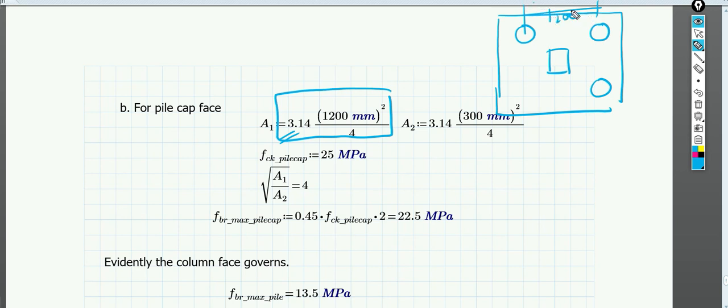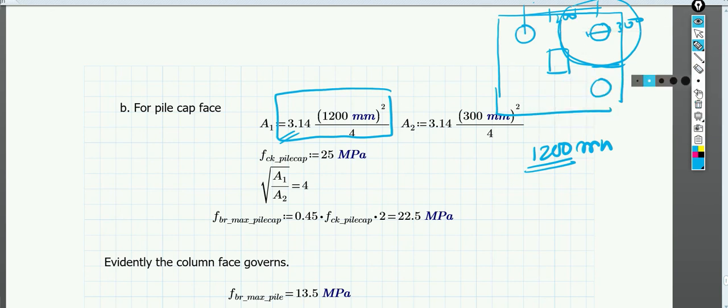That means an area of 1200 mm, sorry, a diameter of 1200 mm, this was 300, and a diameter of 1200, basically you can say that each pile, or you can divide it.